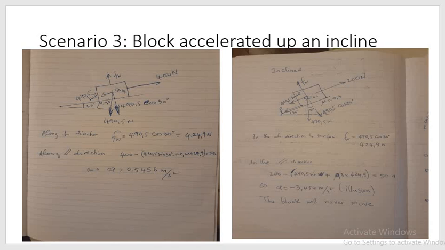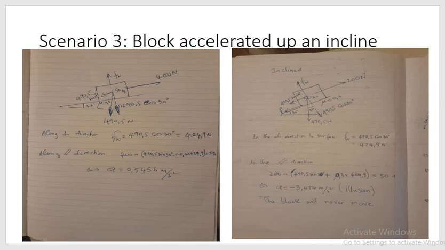This resolution will end up giving us the acceleration, which is minus 3.454 meters per second squared. This minus is just telling us that the object will not move at all, because this force of 200 Newton is too little to accelerate the block on that incline of 30 degrees.